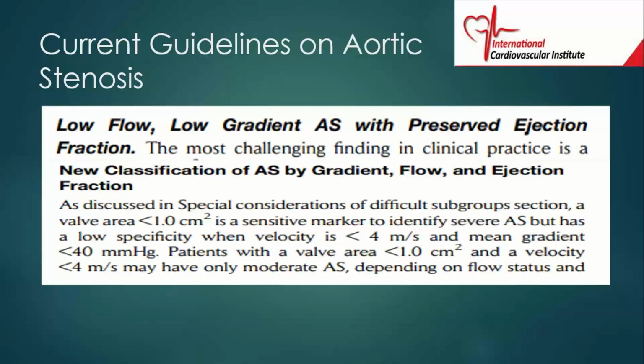They talk about a new classification of aortic stenosis by gradient, flow, and ejection fraction. So when a patient comes into the lab and you do your studies, if the valve area is less than 1 centimeter squared, then by definition this is severe.